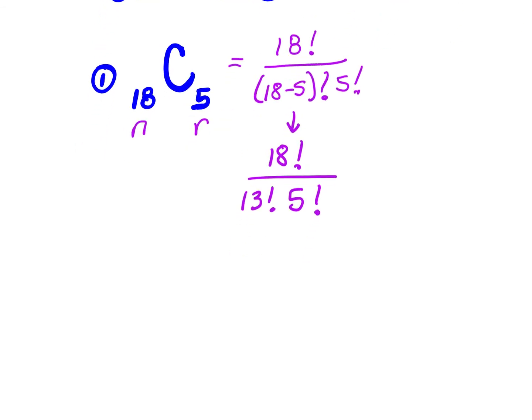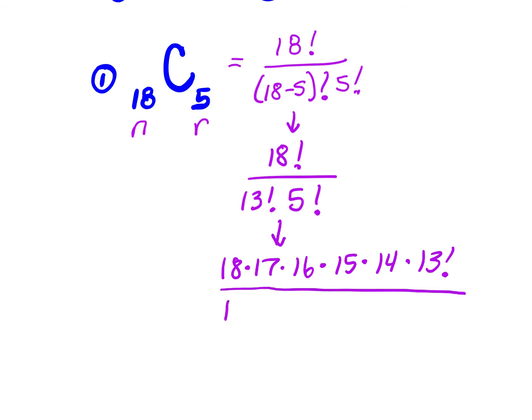The next thing that I need to see in you guys showing your work is 18 times 17, 16, 15, 14, 13. Why did I stop at 13 and write a factorial? Because 13 factorial can cancel out. Perfect. There's a 13 factorial on the bottom. And then I have 5 times 4 times 3 times 2 times 1.